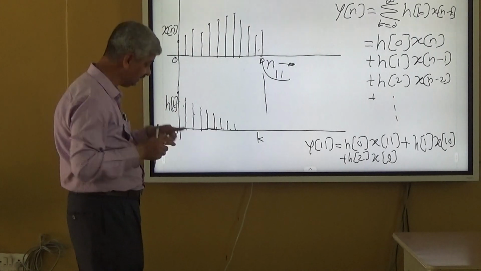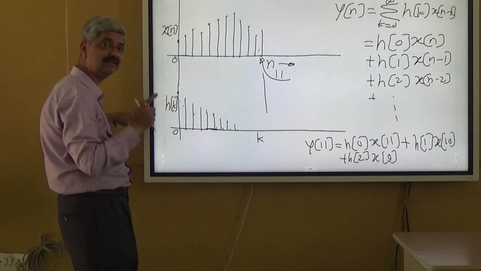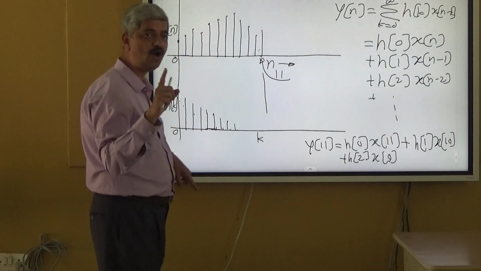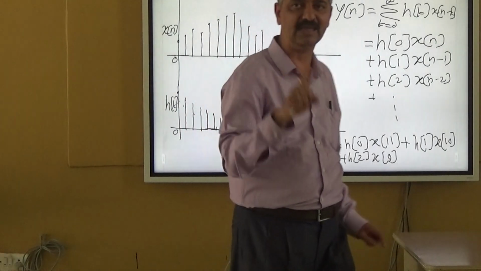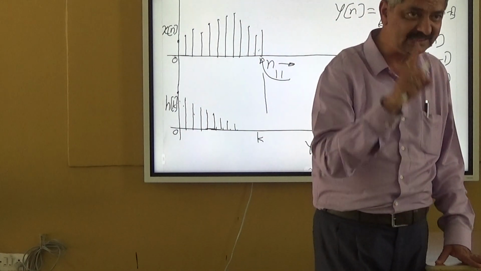One important thing is that all h values for k less than 0 must be 0. Why? Because what is hk by definition?